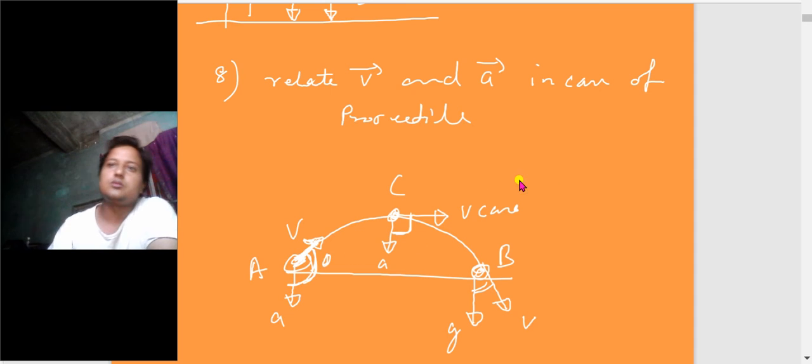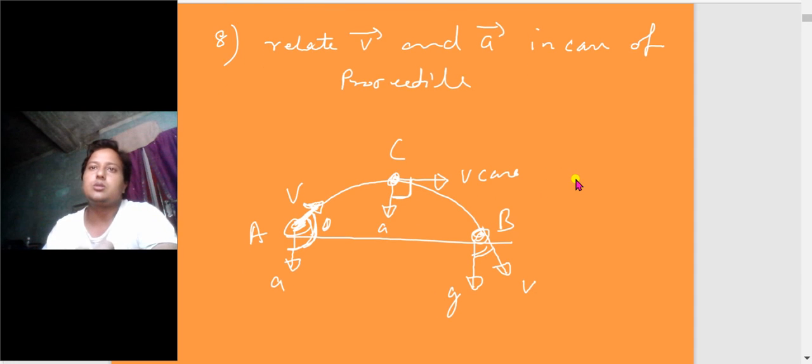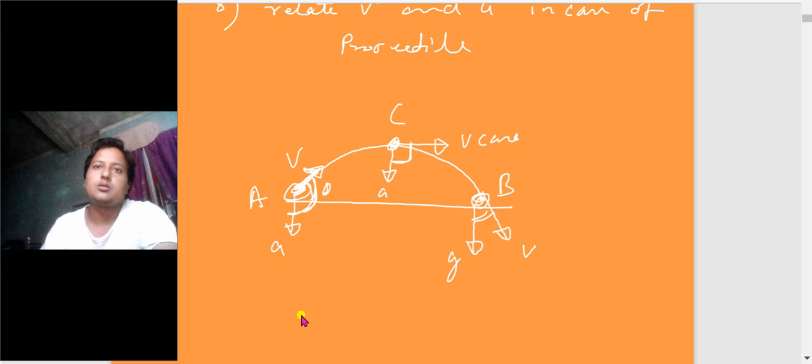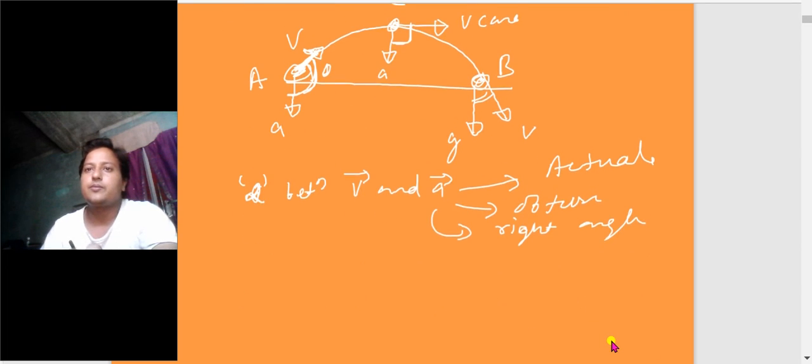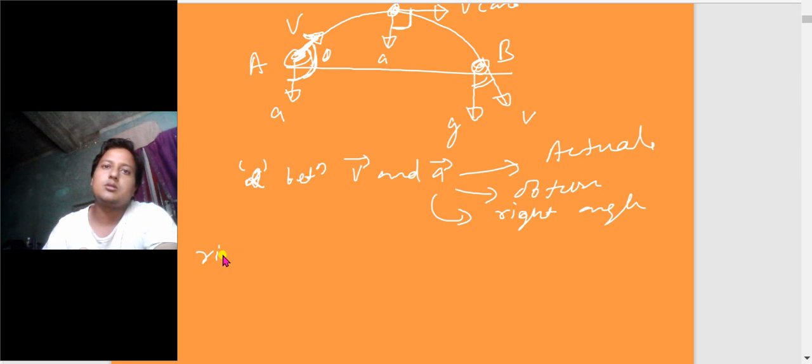So in case of oblique projectile motion, the angle alpha between velocity and acceleration may be acute, may be obtuse, may be a right angle only at greatest height.